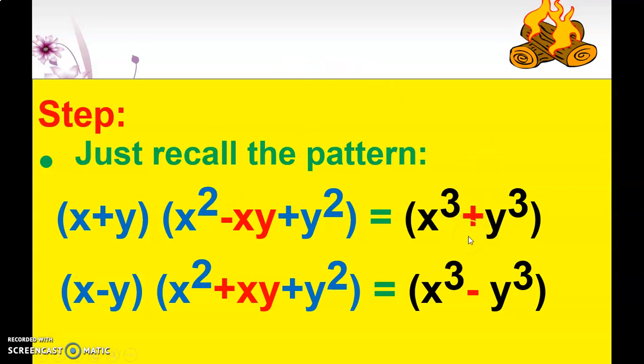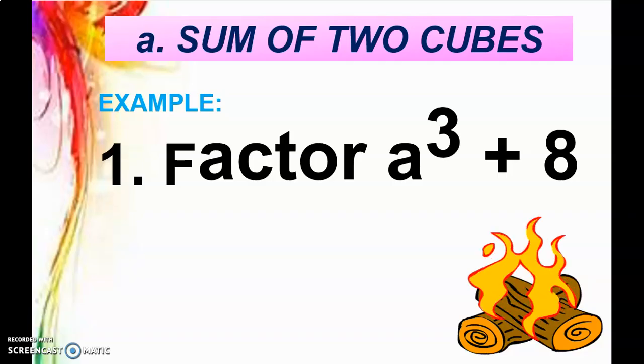Kapag ang cube natin ay positive, so, ang ating trinomial, or itong nakakulay red, ang sign niya ay negative, or ang middle term. Kapag naman ang ating cube, or binomial, ay naka-negative, so kung mapapansin natin, ang middle term, yung kulay red na ito, ay positive na. Okay? Para mas maintindihan, so let's have some examples.